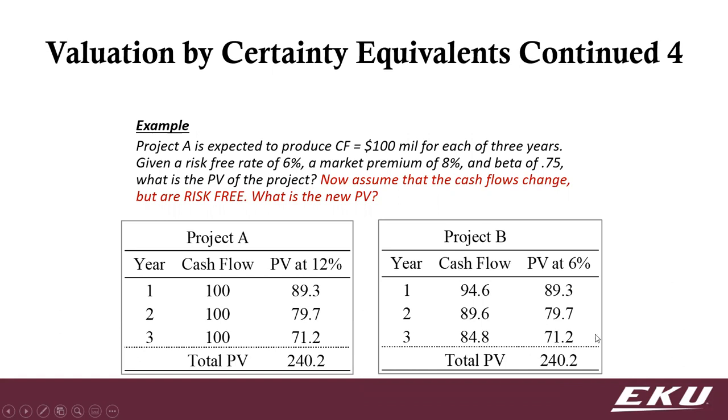You notice the present value is the same because we're backing out. It's like we took the time value of money around the top path in our forest, and now we're going down the other way. We're going to back out the time value of money piece, and then we're left with our certainty equivalents.